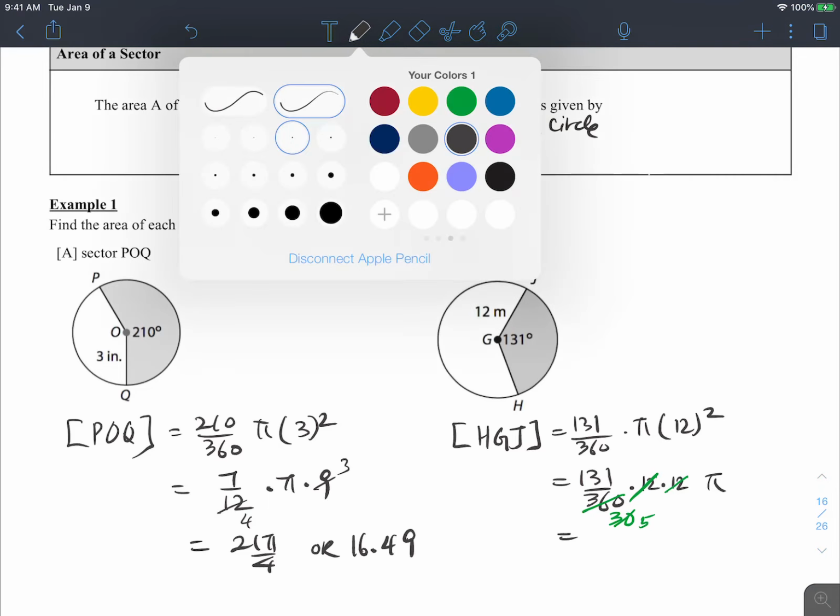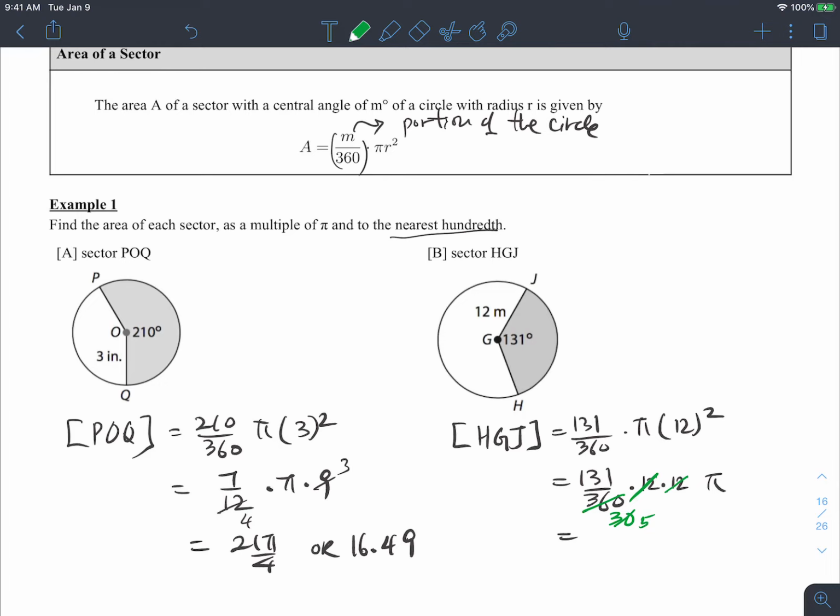No. Okay, I made a big boo-boo there. That actually becomes a 2. Anyways, so now 131 times 2 gives you 262 pi over 5.